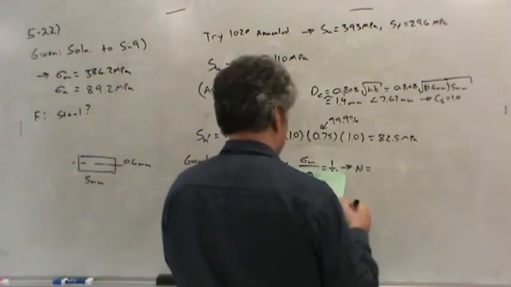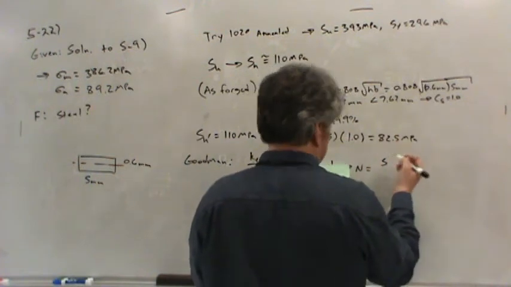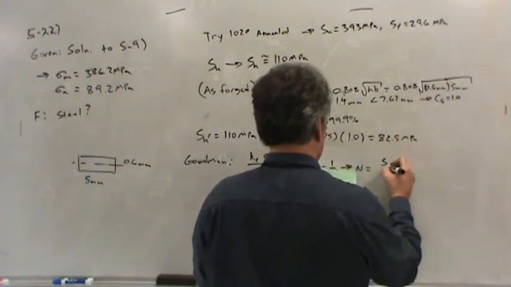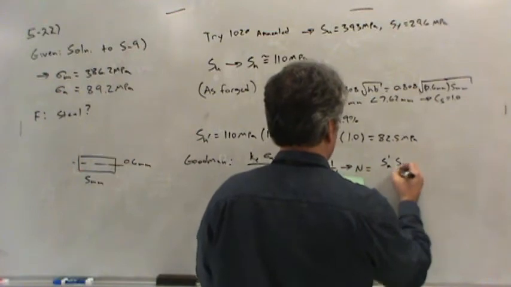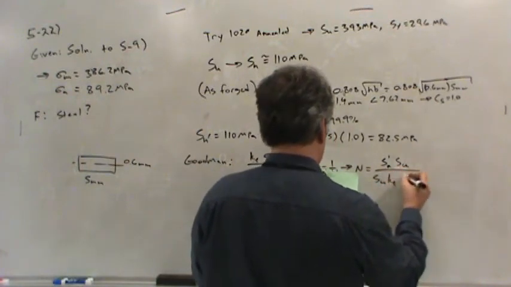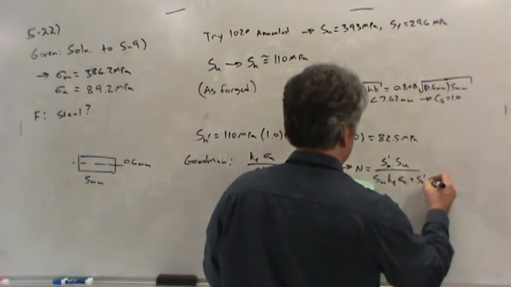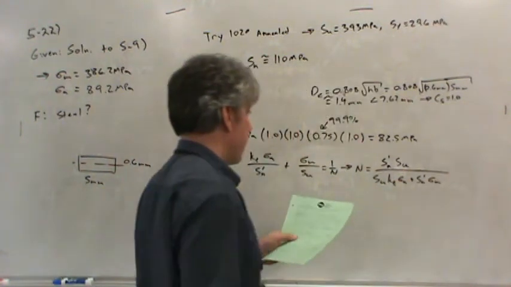Rearranging this, we get that the design factor or safety factor is Sn prime Su divided by Su Kt sigma A plus Sn prime sigma m.